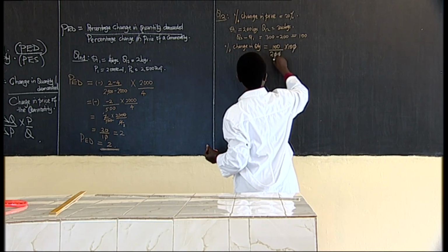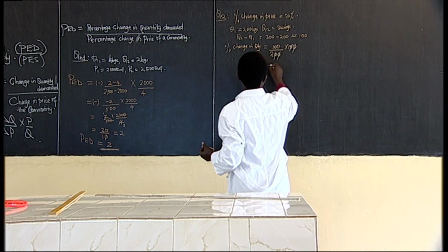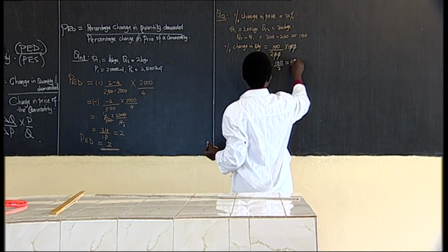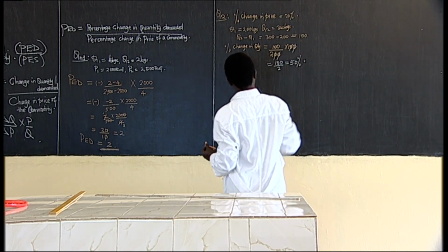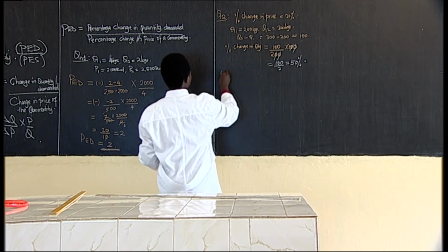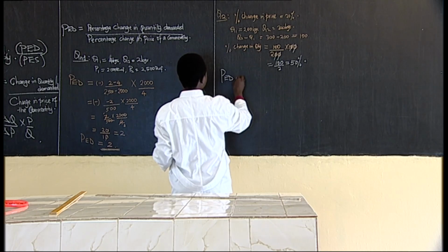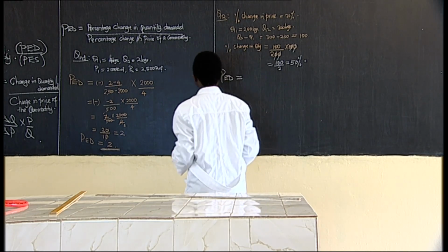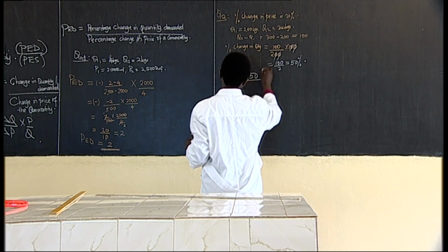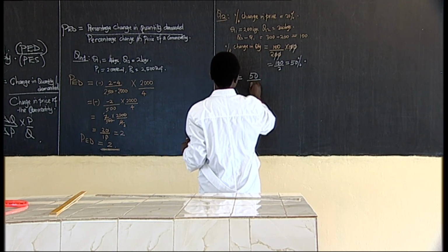Here we have 100 divided by 2, which gives you 50%. Therefore, PED will be equal to percentage change in quantity demanded, which is 50%. Then you divide by 20%.